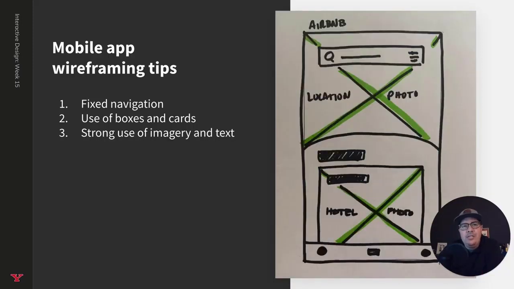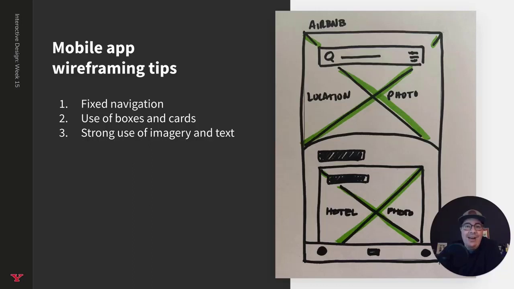Another thing that I would expect to see in the wireframes is a strong use and balance of imagery and text, especially if you're somebody who chose the entertainment app or the travel app. There are a lot of great examples that I've seen so far in the project number 3 submissions, but then also some of the things that y'all have done on the mood boards themselves, especially those of you who have selected a travel application or entertainment app.